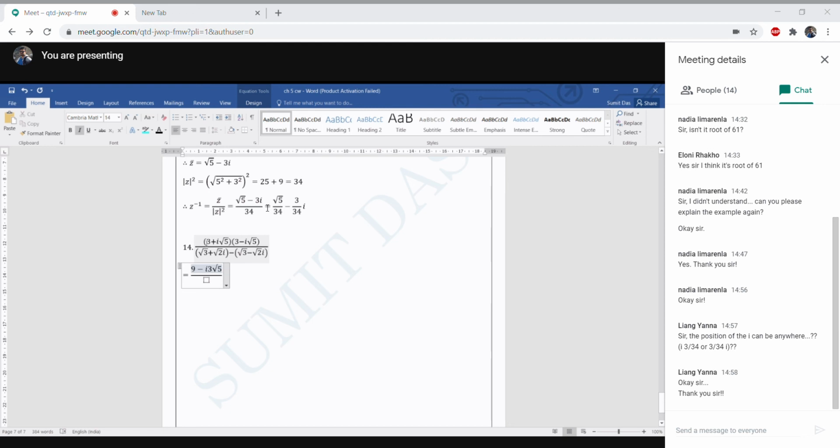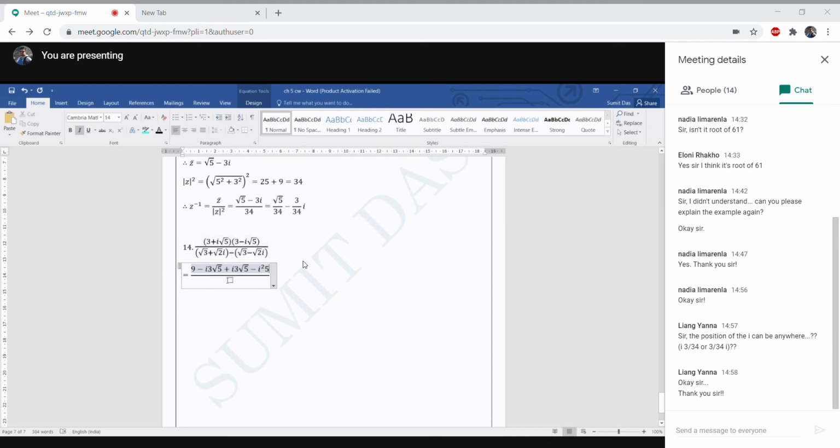Look, 3 and minus root 5 i multiply, so 3 root 5 i, then plus i 3 root 5, then minus i square 5, since root 5 into root 5 is 5.